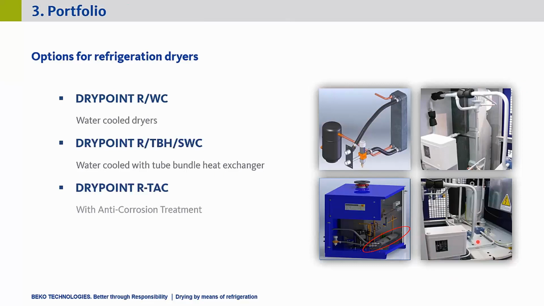So for example, the pressure switches, the pipings, the compressor and all this have a coating on them. This is a coating for industrial environments with aggressive media in the ambient air. It extends the lifetime of the dryer by a multiple as soon as you have aggressive media in the ambient air. This, for example, applies for the chemical industry, the agricultural industry, and again, salty environments like sea air.